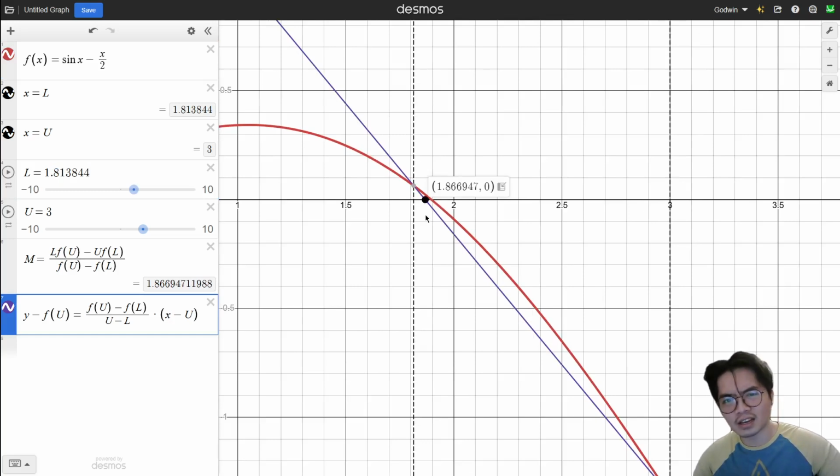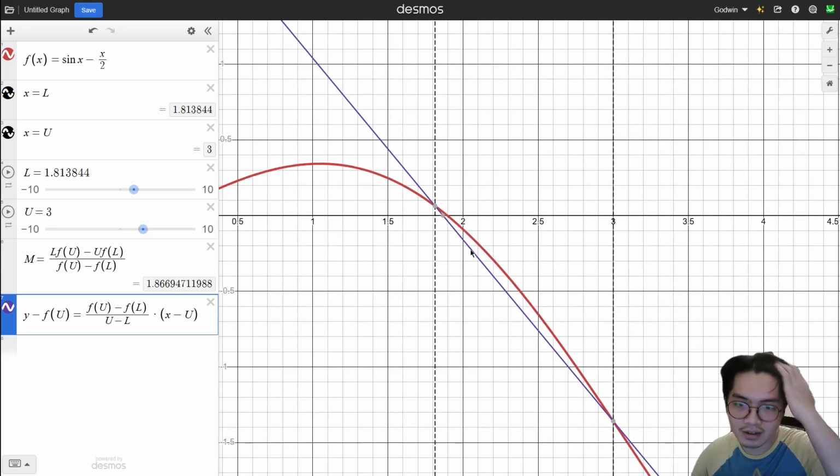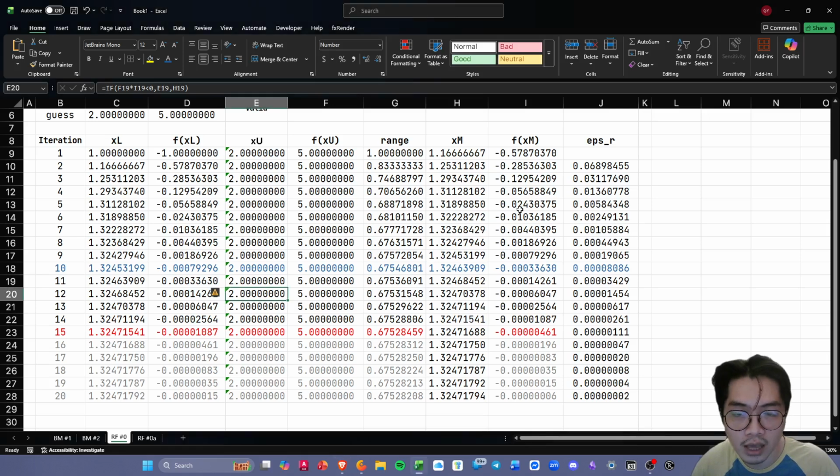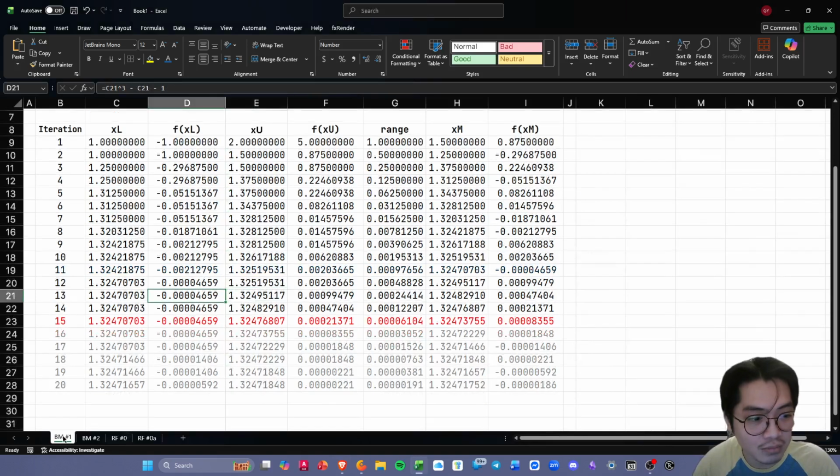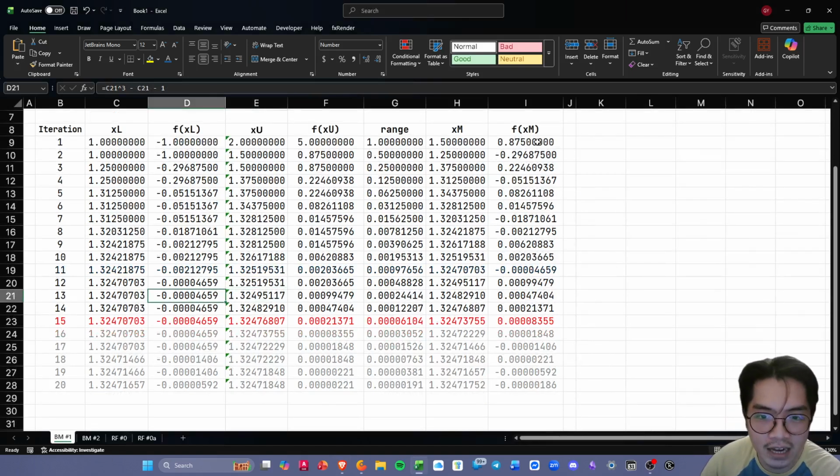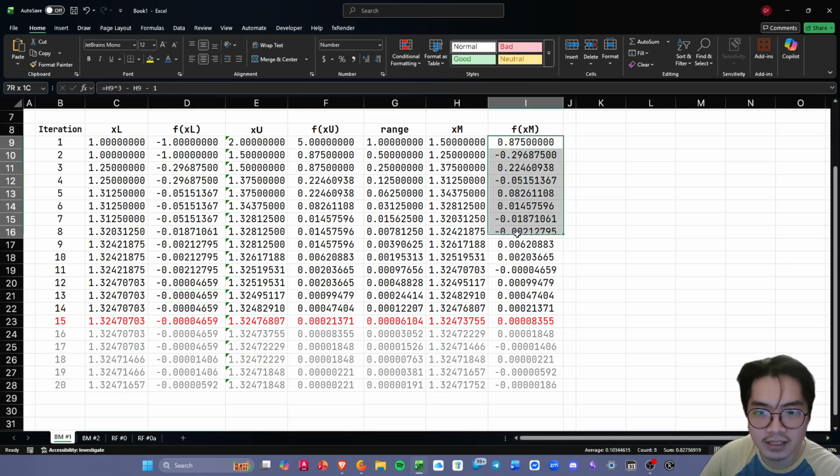Now you see there's a kind of smartness that happens to this formula, right? It doesn't just indiscriminately go from here to here, here to here, and so forth. It doesn't jump back and forth as with our midpoint method or bisection method, right? Look at the values of your f of xm.